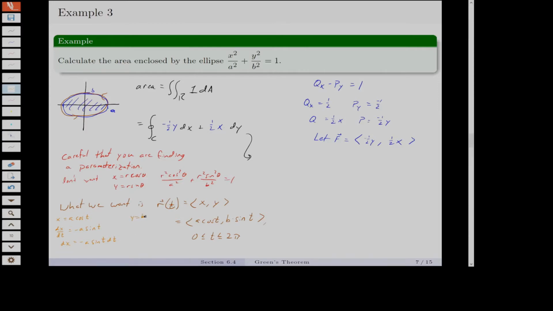Likewise, y is equal to b sine of t, so dy is b cosine t dt. So when we convert, I'm not only converting the x's and y's over, but I'm converting the dy and the dx as well.